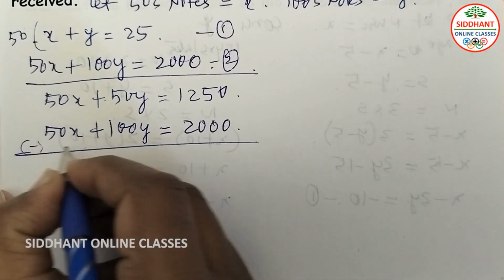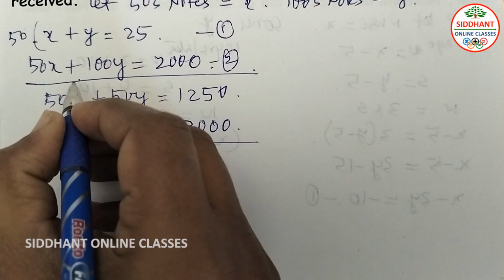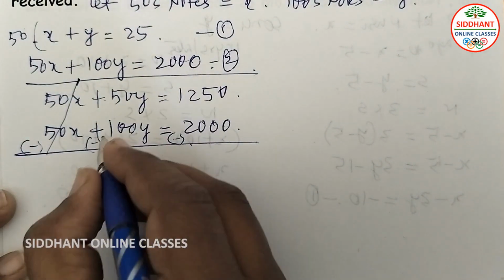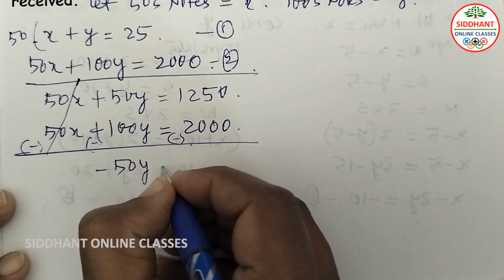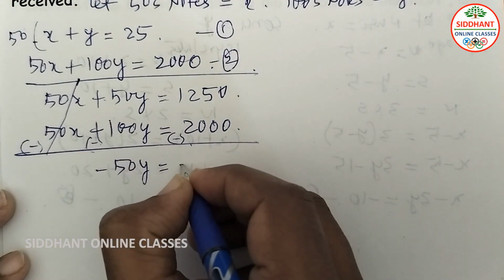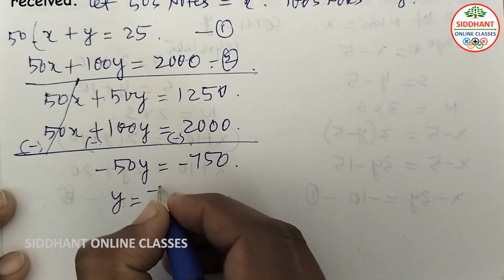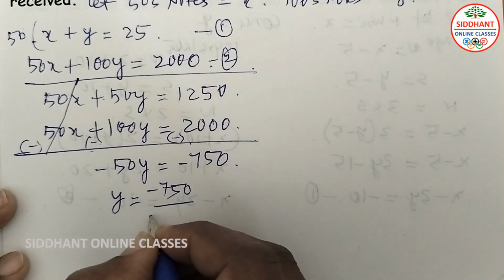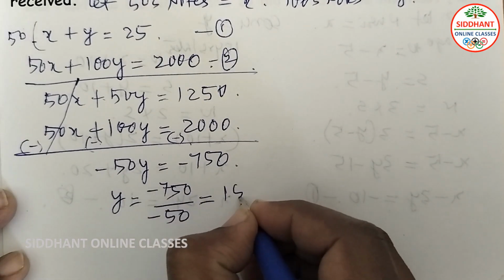Now changing the signs, x cancels, minus 50y equals minus 750 we get, and y equals minus 750 by minus 50, that equals 15.